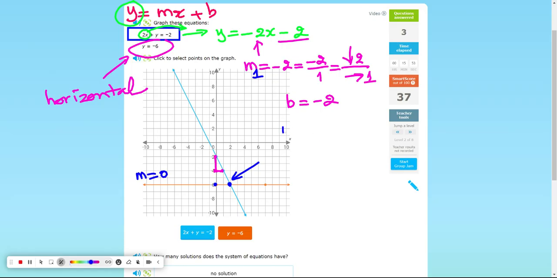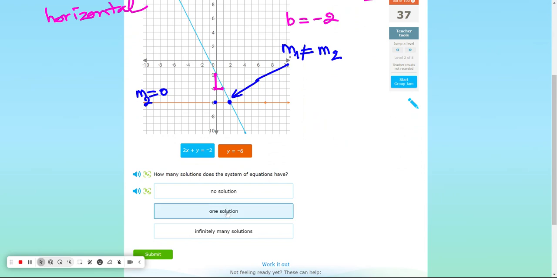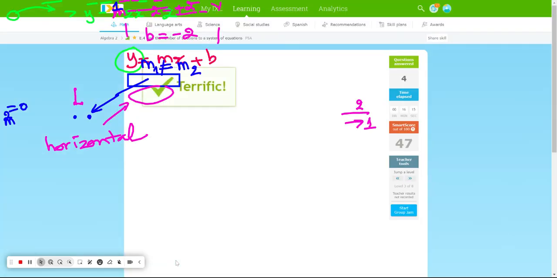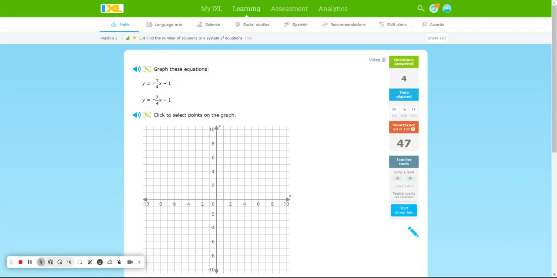One is -2/1, and it's different from the other slope, which is 0. So therefore, they have to intersect at one point. So I go and find the option for one solution, right here, and then I submit. Voila. All right, we got 47 points.